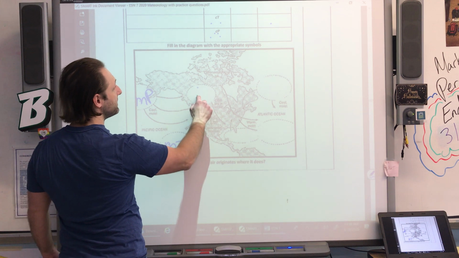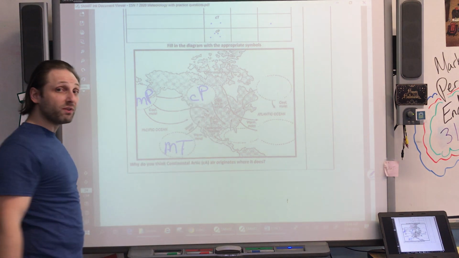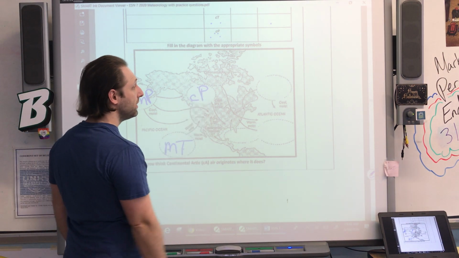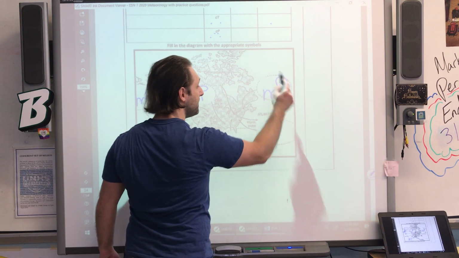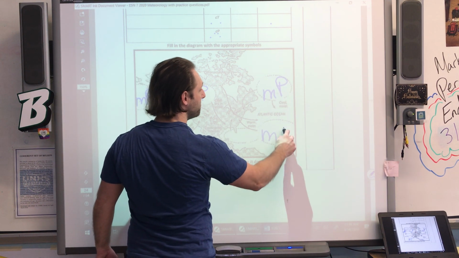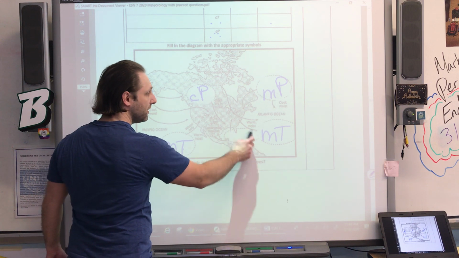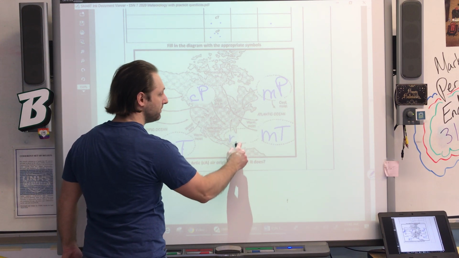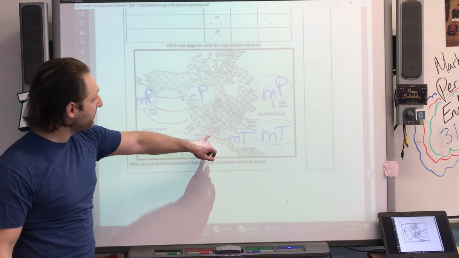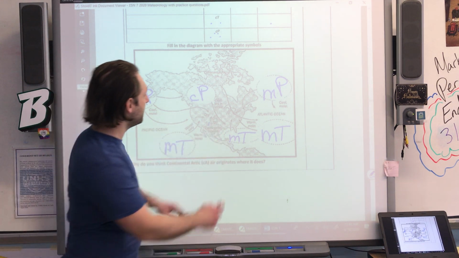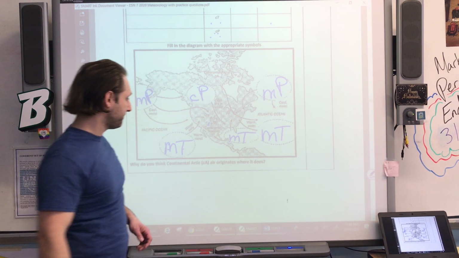Here, we're going to have CP, because we're over land, continental, polar. MP, MT, even in here, the Caribbean and the Gulf of Mexico, MT. And you can see in here, this is a CT that they've labeled already for you.